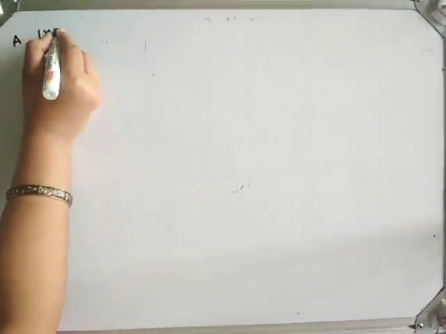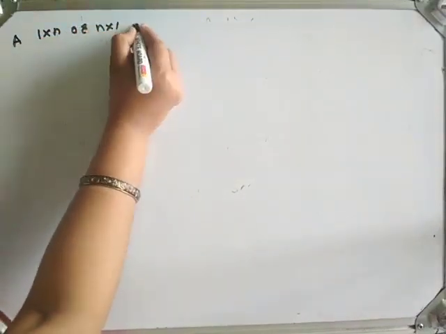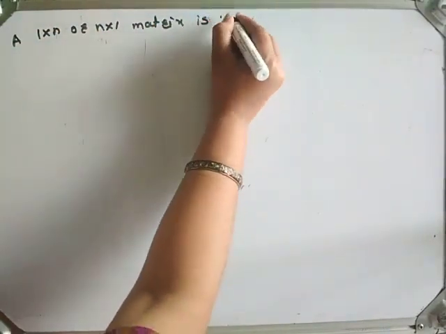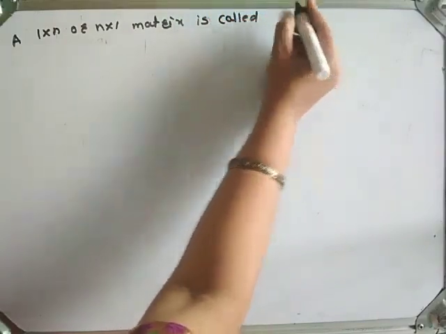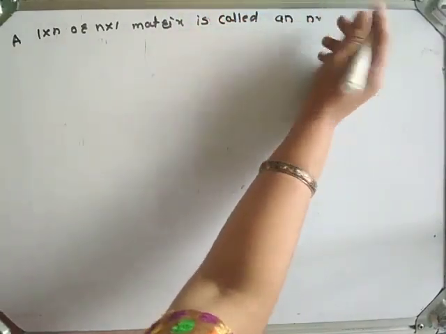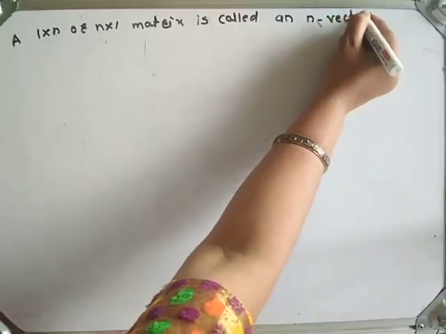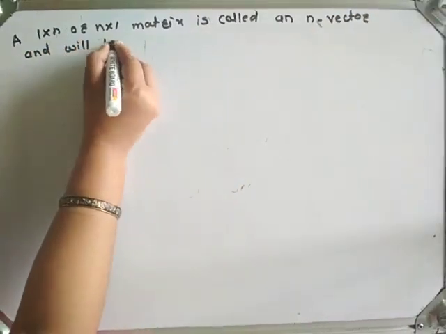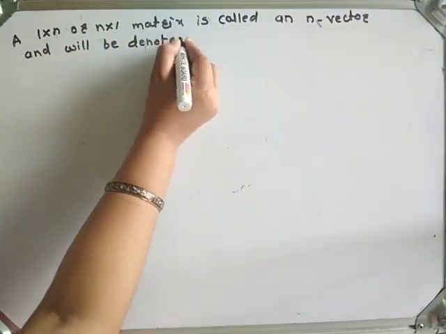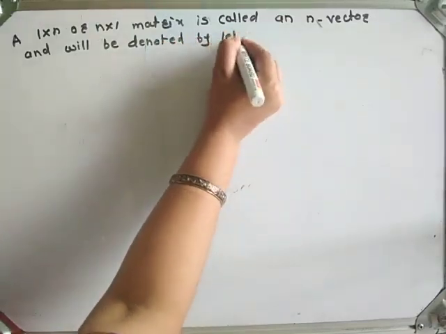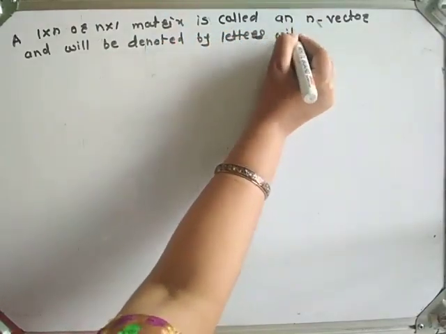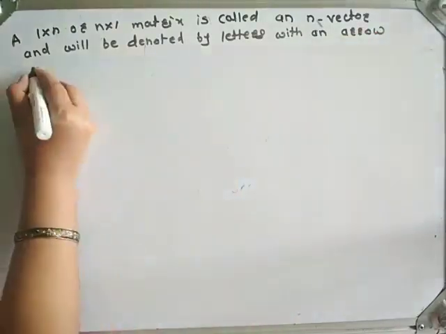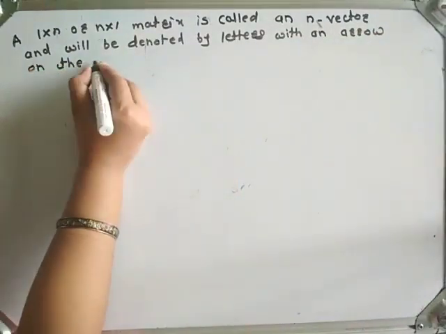A 1 by n or n by 1 matrix is also called an n vector, and will be denoted by letters with an arrow on the top.